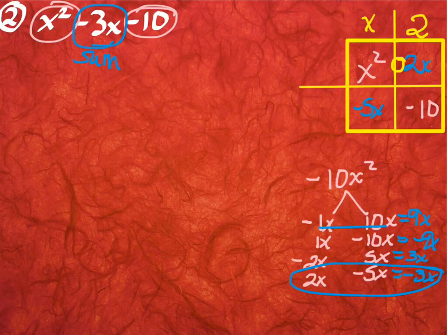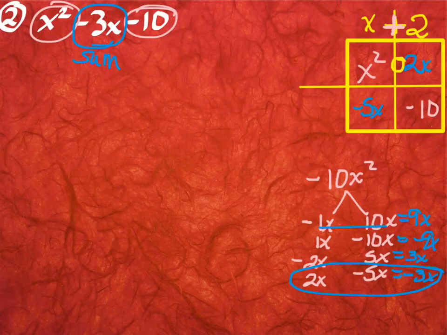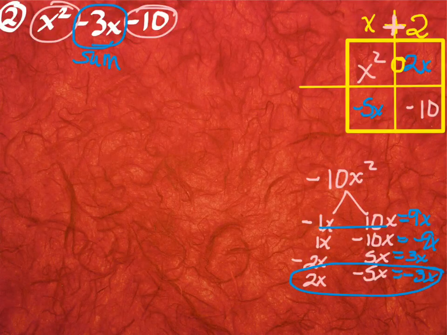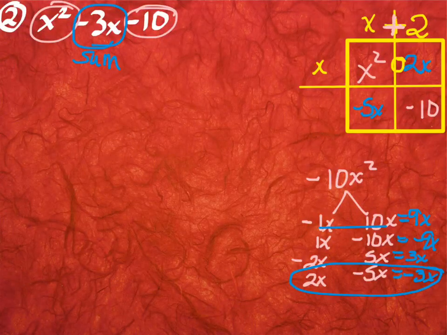The closest sign is positive, so it's a positive 2. Now let's do the rows. On the top row, x squared and positive 2x has a common factor of x. Negative 5x and negative 10 has a common factor of 5. The closest sign is negative, so it's a negative 5.